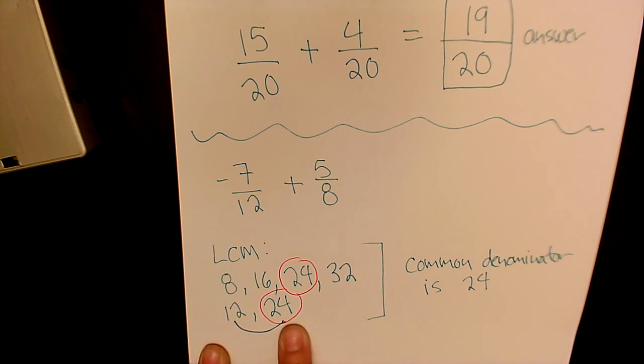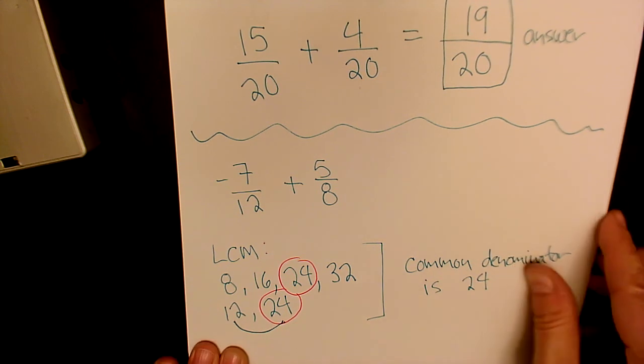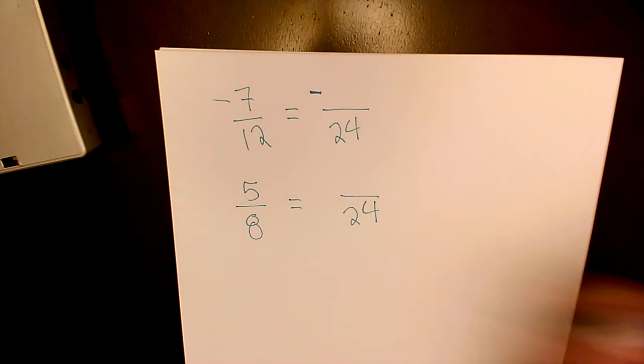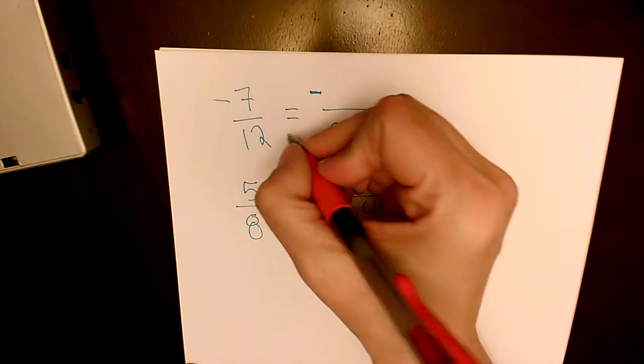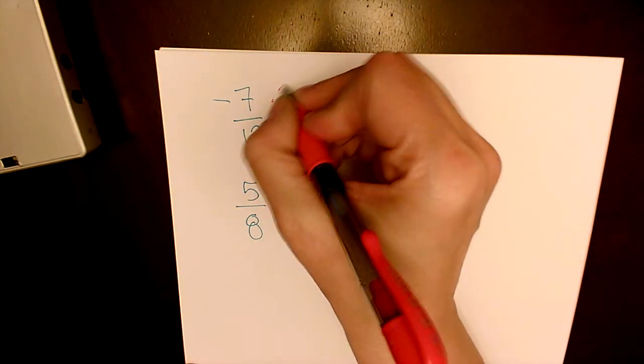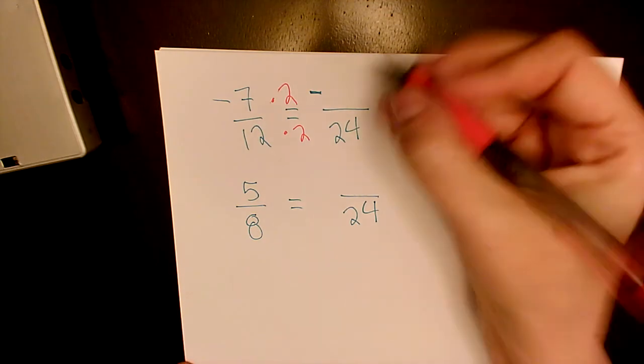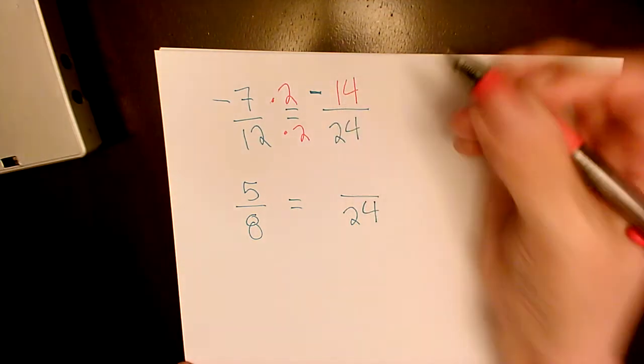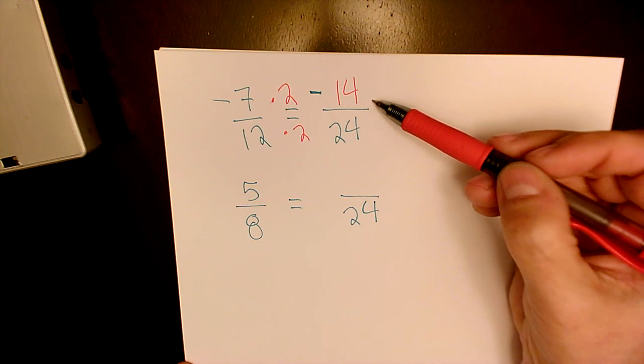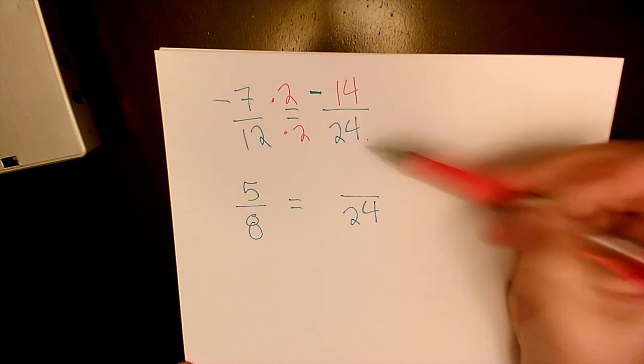So this is the second number, so it's 2. So I'm going to multiply top and bottom by 2. So negative 7 times 2 is a negative 14. So I've got negative 14 over 24.